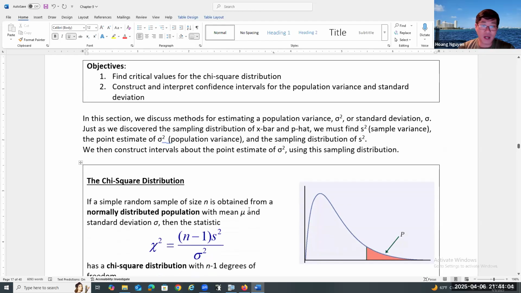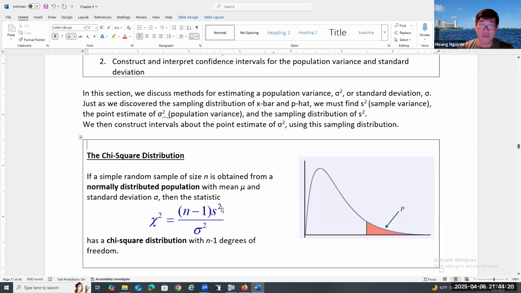If a simple random sample of size n is obtained from a normally distributed population with population mean mu and population standard deviation sigma, then the calculation of n minus 1 times s squared divided by sigma squared follows the chi-square distribution with n minus 1 degrees of freedom.